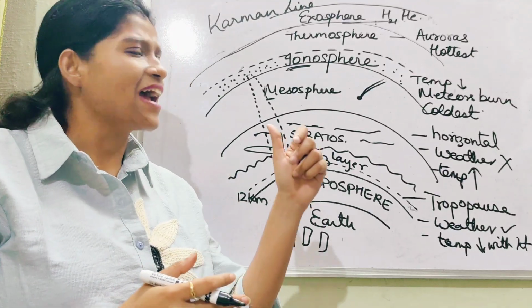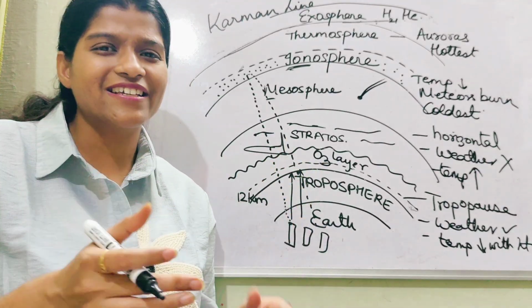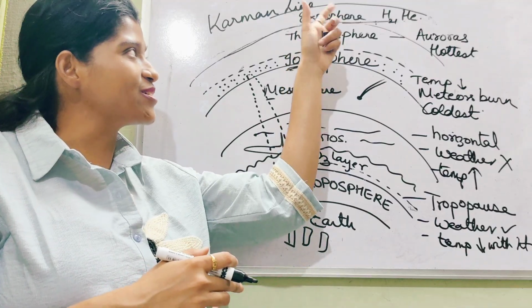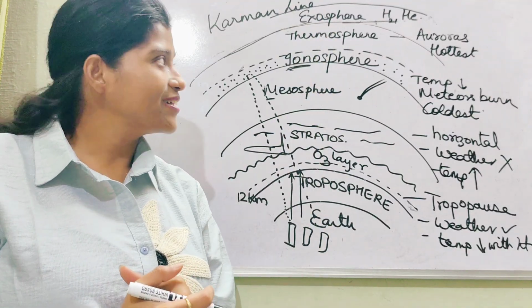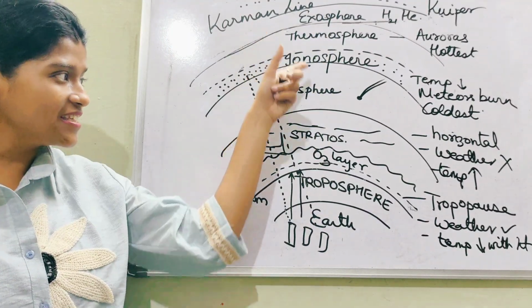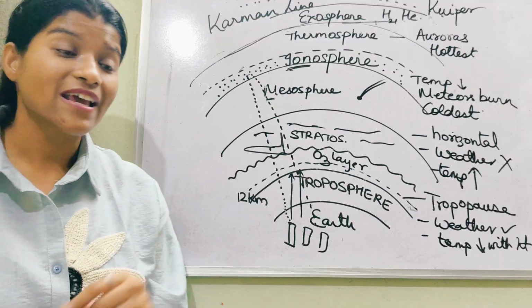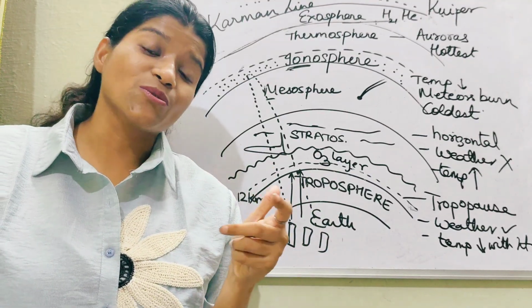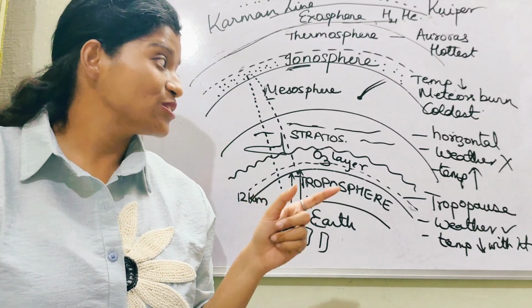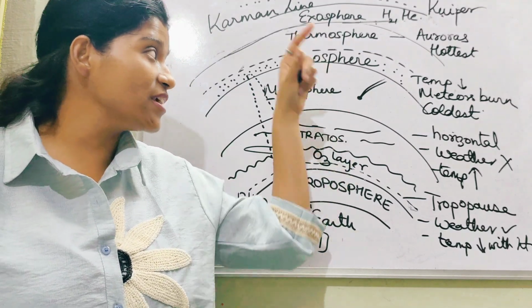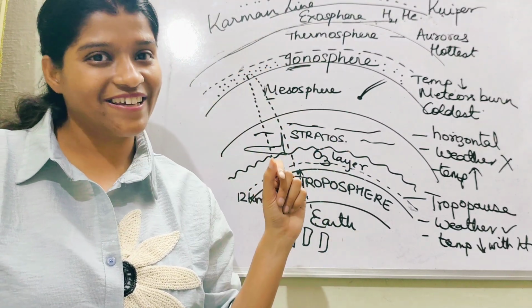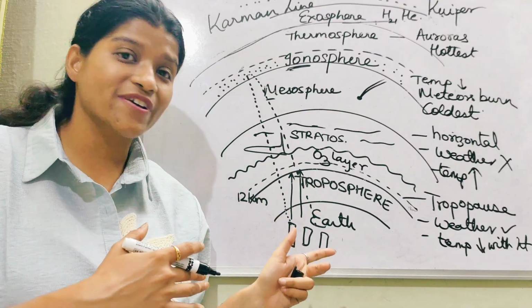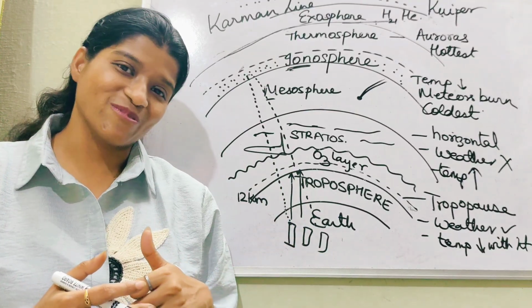According to scientists, it separates the exosphere from the outer space. Okay, that's it. These are the different layers of the atmosphere, and each and every layer of the atmosphere has got its own special importance. So you should know the importance of each and every layer. With this, we have finished the different layers of atmosphere.